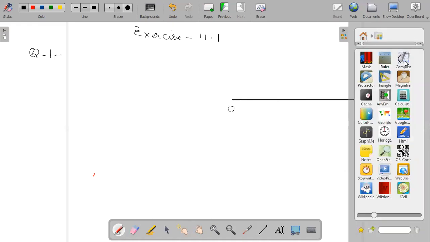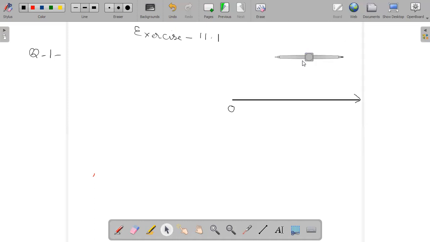So again, take a compass and decide any suitable radius. Once you have decided the radius, now you should not change it.